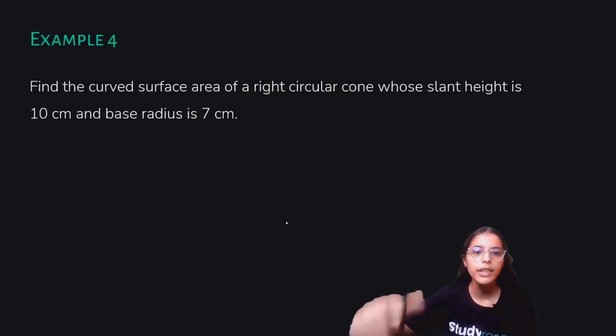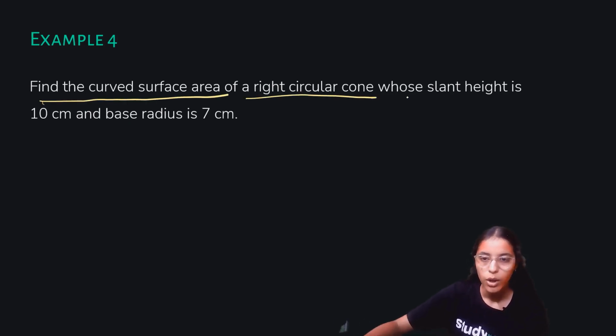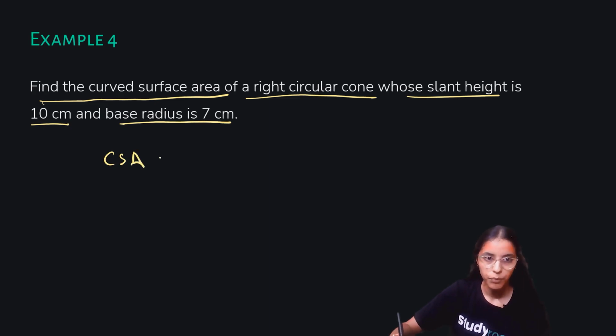Now let us do an example. The question given to us is to find the curved surface area of a right circular cone whose slant height is 10 centimeter and base radius is 7. So we know that CSA of cone is equal to pi r l.